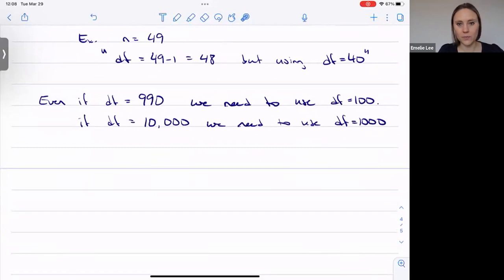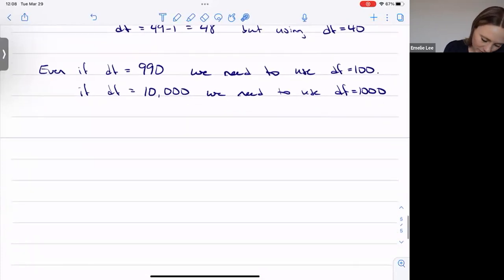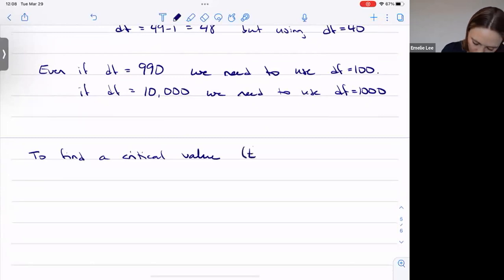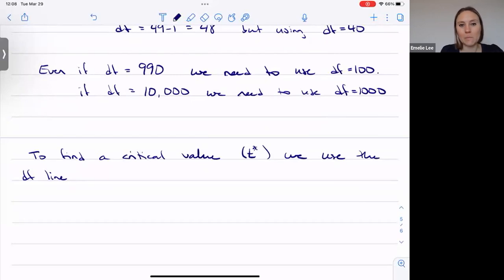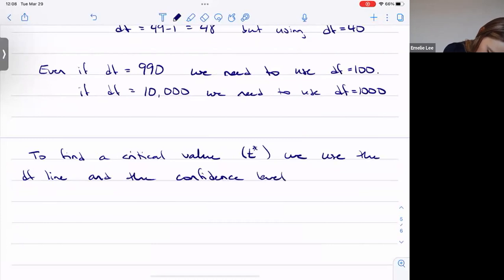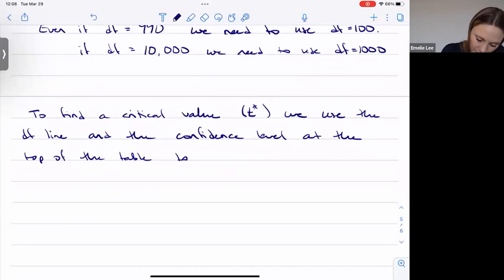Okay, so to find a critical value, which we're going to denote T star, we use the degrees of freedom line and the confidence level at the top of the table to find the critical value.